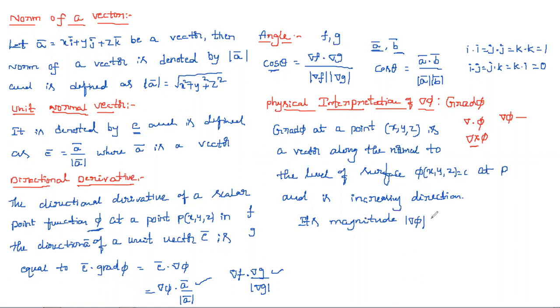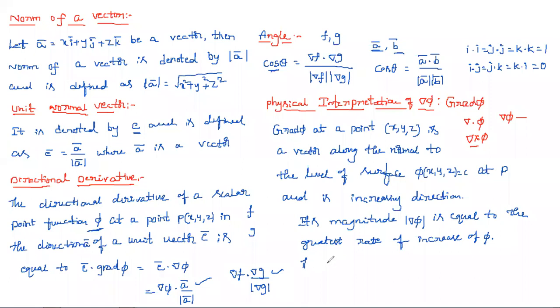The magnitude is equal to the greatest rate of increase of phi, or the maximum rate of change of phi. So the greatest value of the directional derivative.